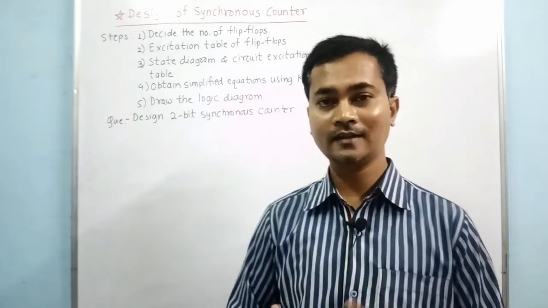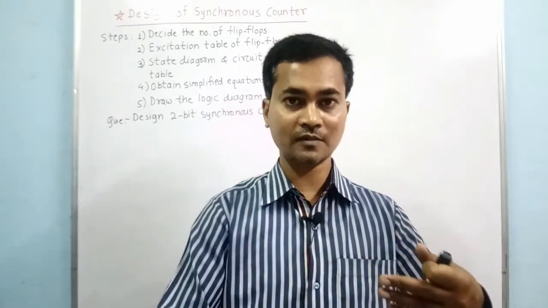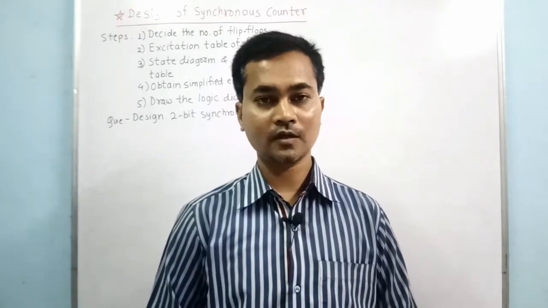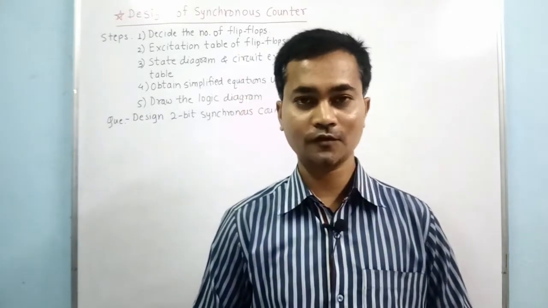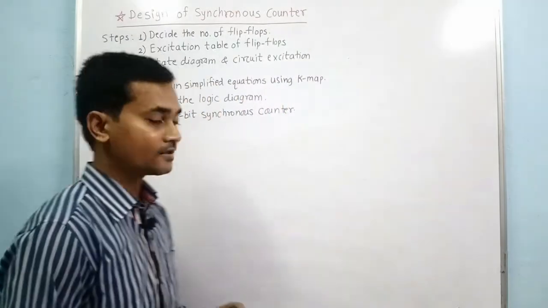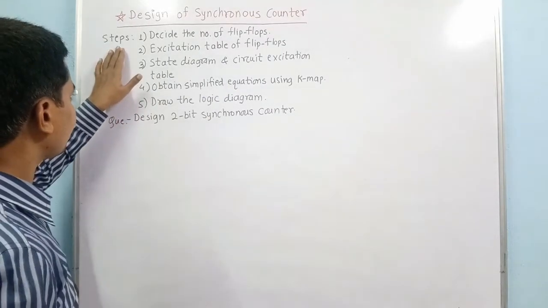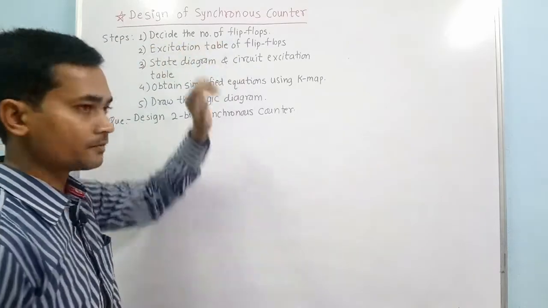To design this synchronous counter we have to go through some steps, and after that we finally get the final circuit diagram of the synchronous counter. So let us see those different steps. Step number 1 is to decide the number of flip-flops required.